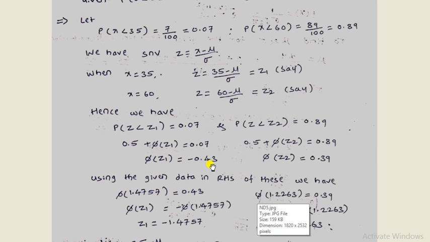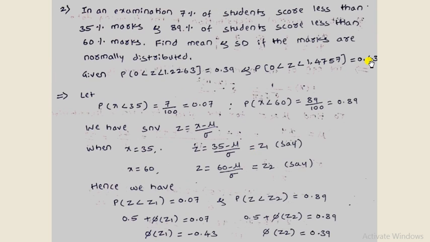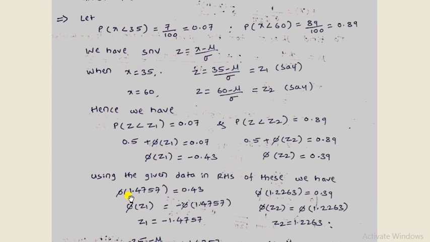According to the given data, when phi of Z1 value becomes 0.43, Z1 value is 1.4757. So the result phi of 1.4757, and the sign is minus here, so Z1 value is minus 1.4757.